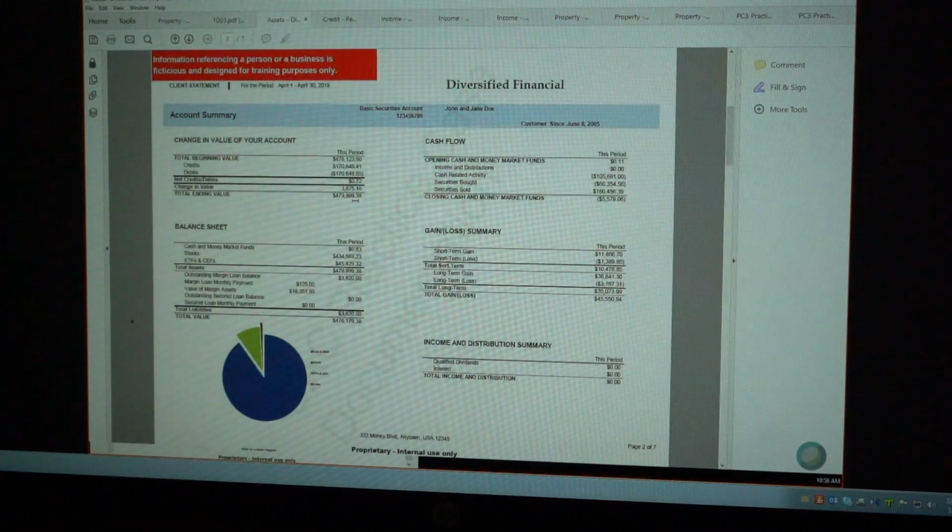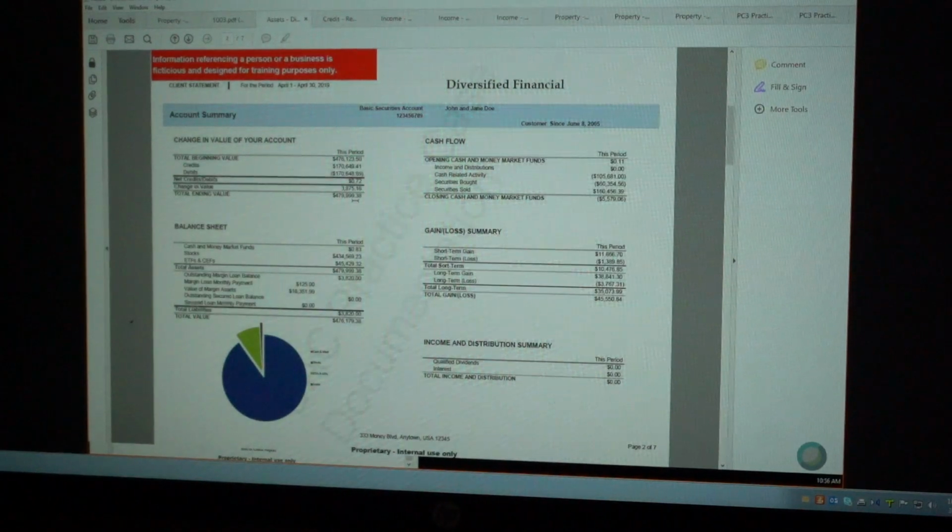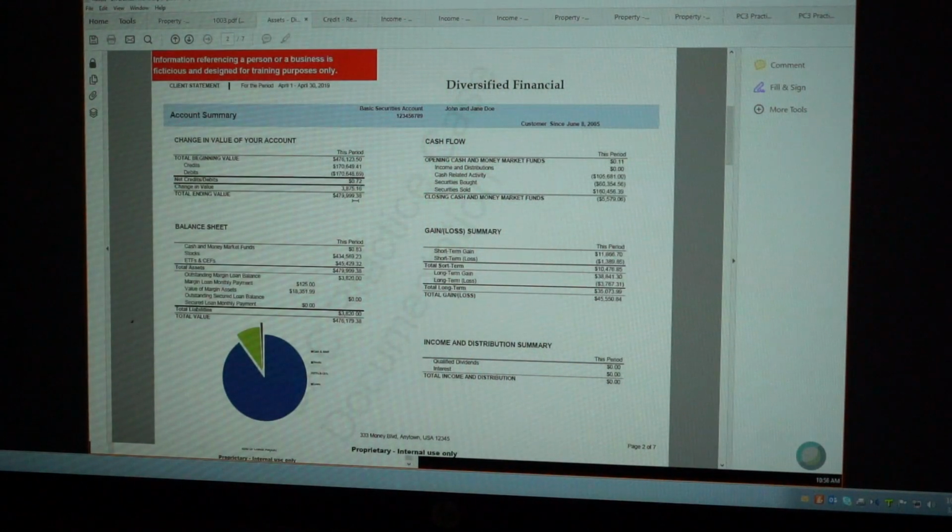Again, borrowing on margin, this is a brokerage account. So basically you're leveraging more than what you already have in the account. You're borrowing against the cash that you have in there to buy and sell stocks. But you get a Fed call when the market drops. So obviously it's very risky, plus you're paying a monthly amount on that loan.